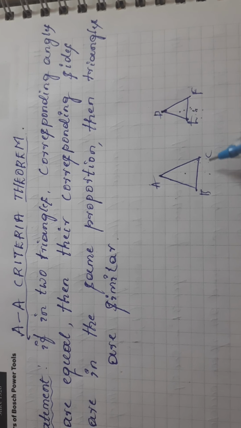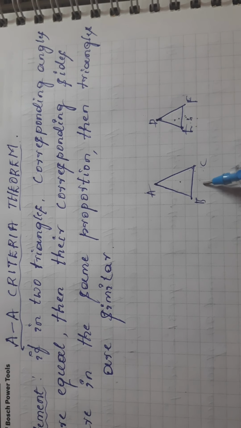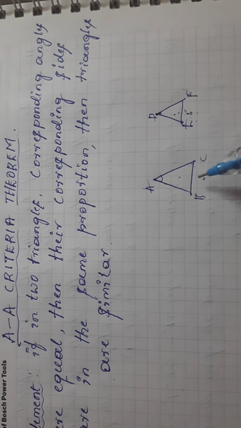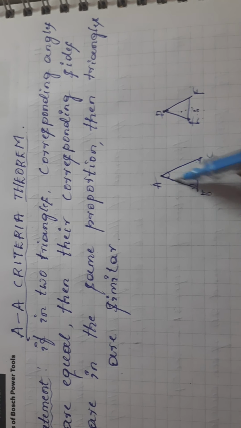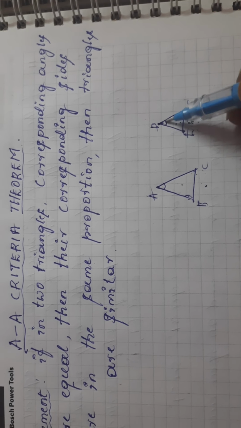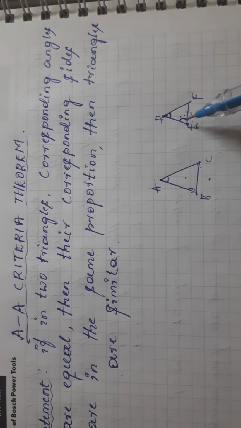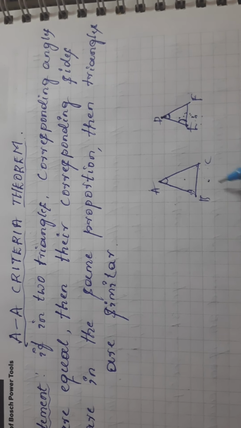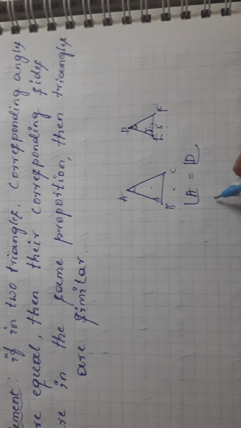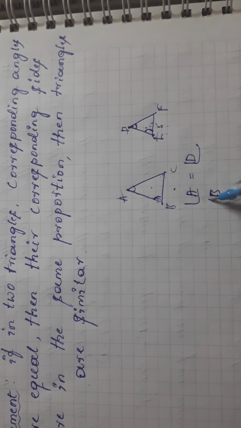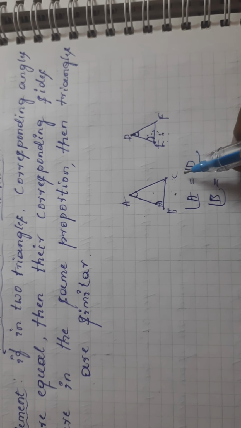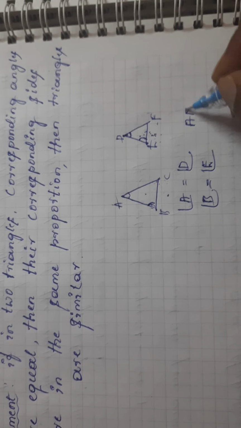Similar triangles means if two angles of one triangle, that is angle A and angle B, are equal to the corresponding angles of another triangle, that is angle A equals angle D and angle B equals angle E, then these two triangles are similar.